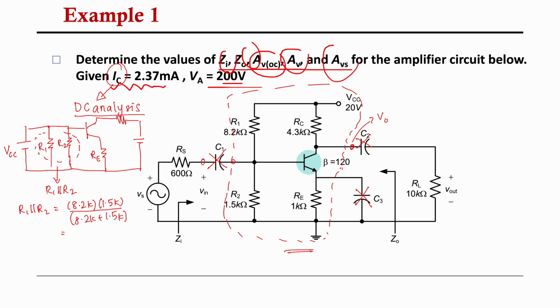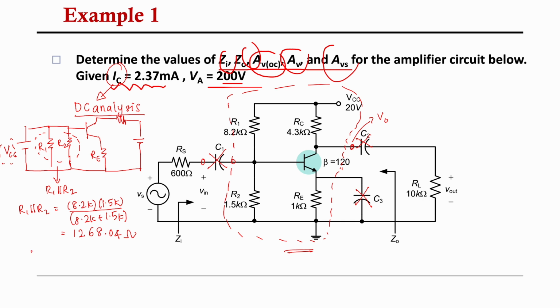You will get the value of R1 parallel with R2 as 1268.04 ohm.